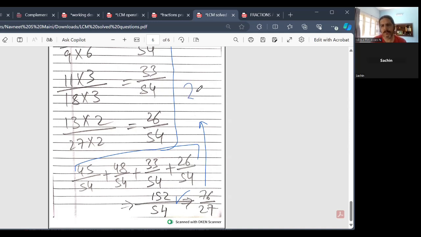So the final fraction in terms of mixed fraction would be 76 minus 54, 22 by 27. Is this what you are saying? No, that does not have any common factor. So if I reduce this, you can't reduce.